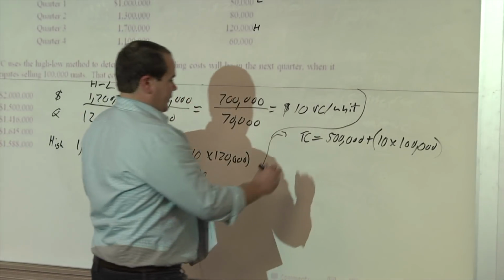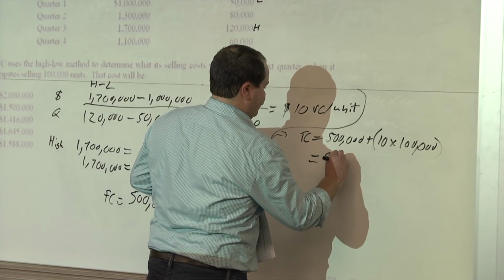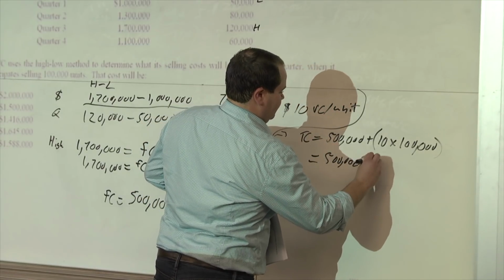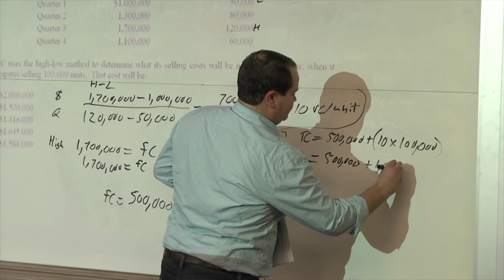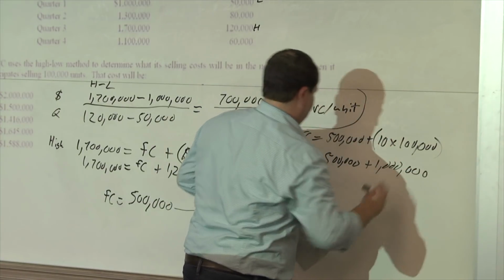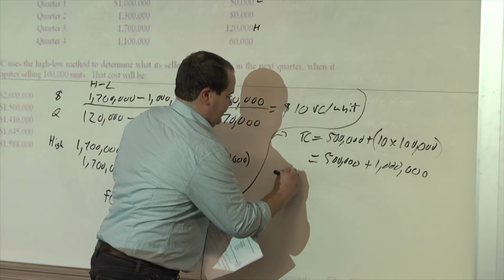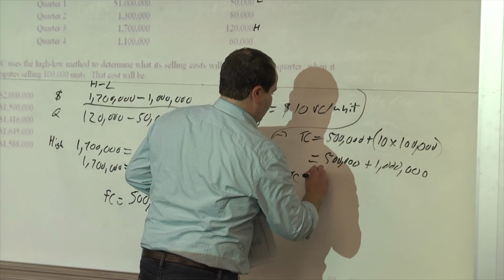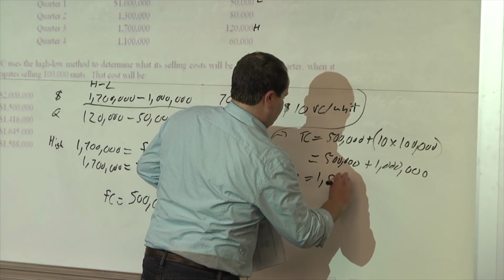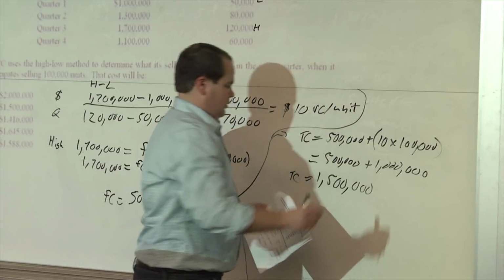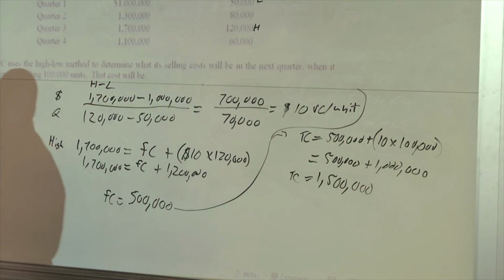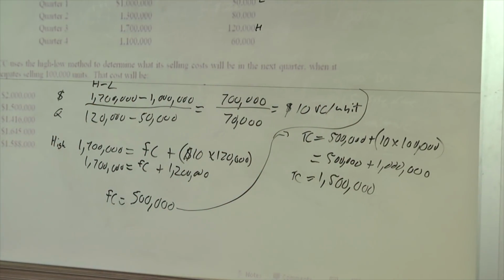So when we simplify that, we got 500,000 plus $1 million. That means total costs is going to be 1.5 million. All right, so does anyone have any questions with that?